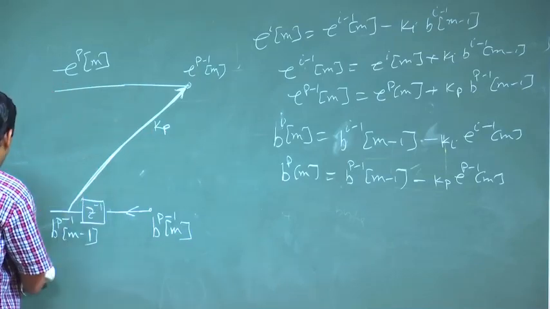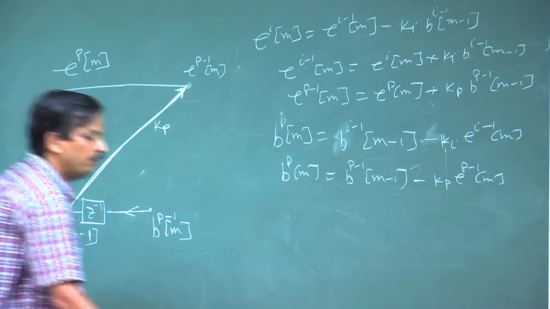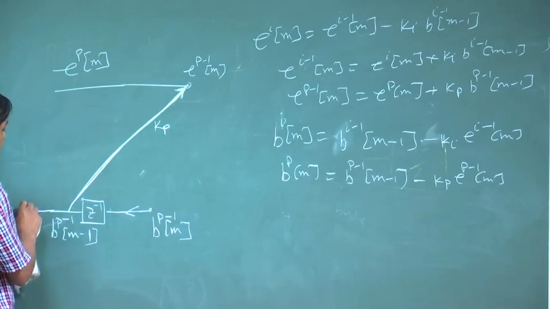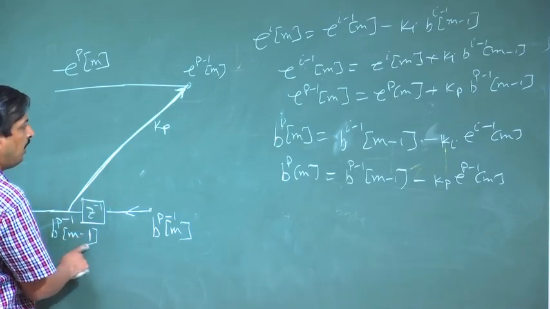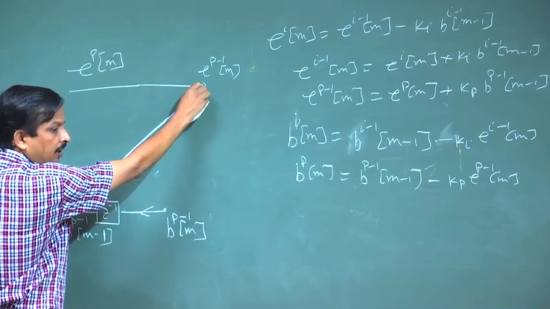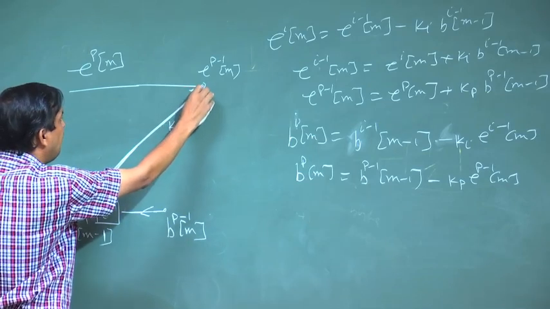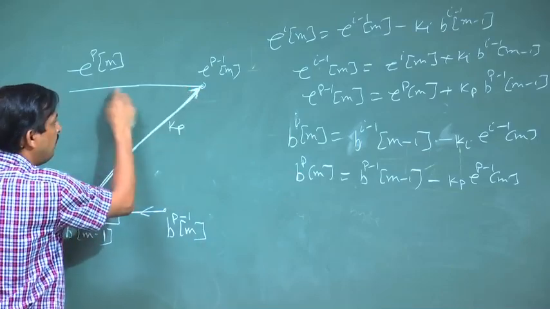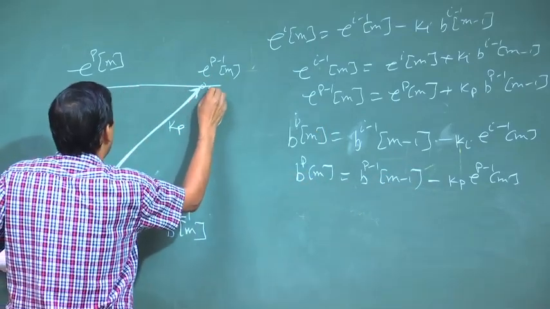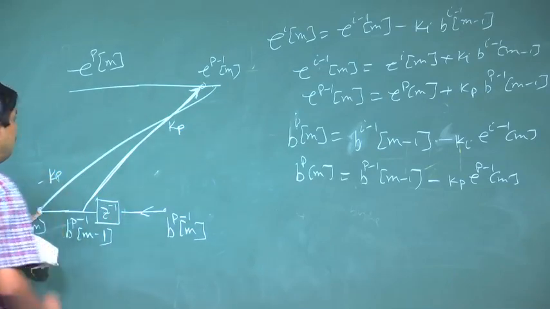So this point is my BPM. BPM is BP minus 1 m minus 1 minus Ki into, so EP minus 1 m has to come again in here and be multiplied by minus Kp to get the BPM.